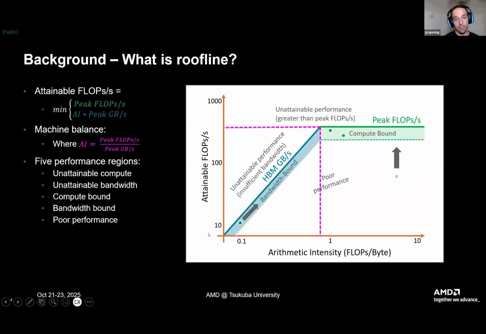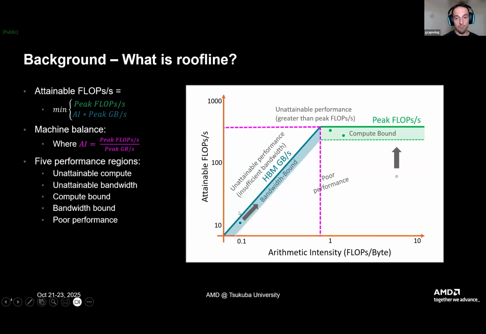The two lines you have to pay the most attention to here are the bandwidth bound line and the compute bound line. The attainable flops are the region in this plane that lives below those lines.